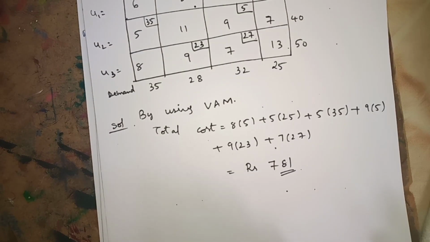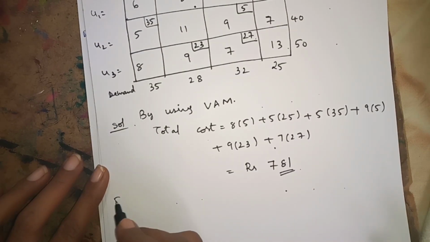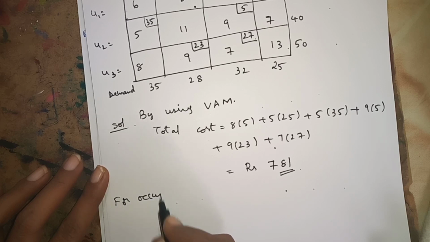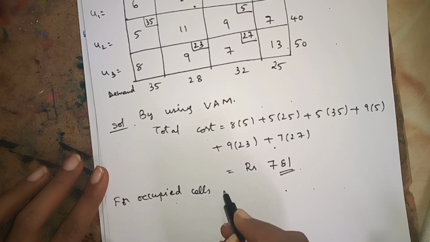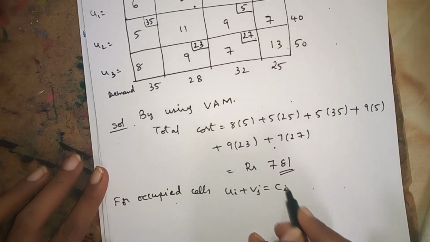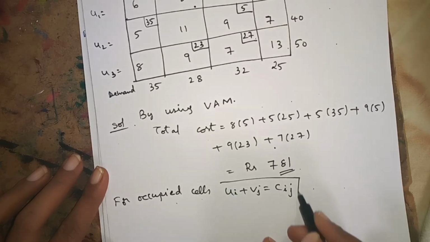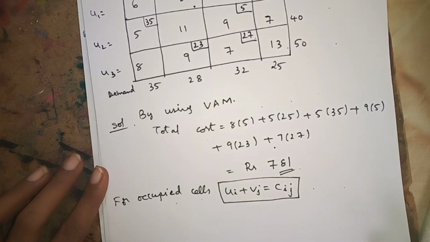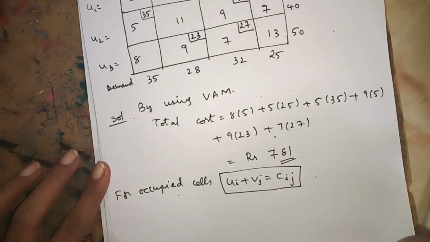Now for occupied cells, we have one formula: Ui plus Vj is equal to Cij. Ui plus Vj is equal to Cij is our formula for occupied cells.